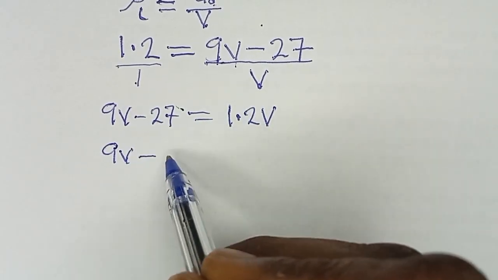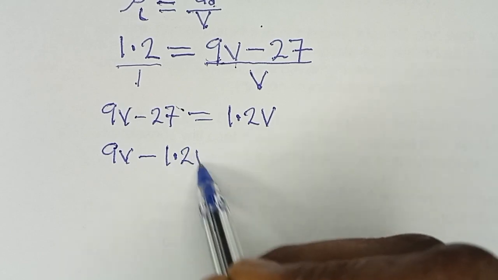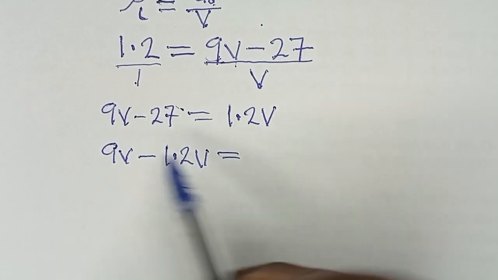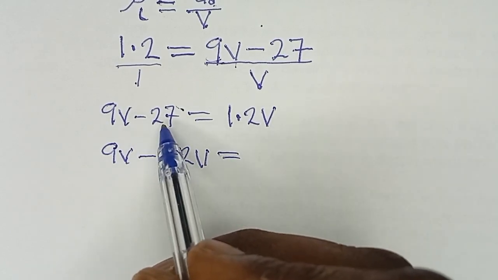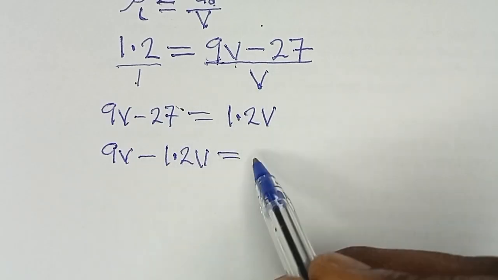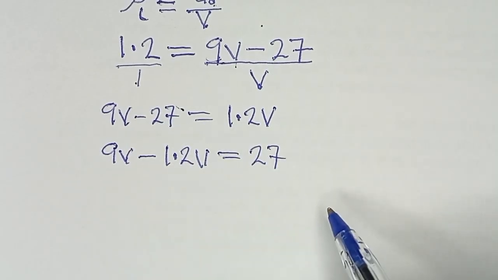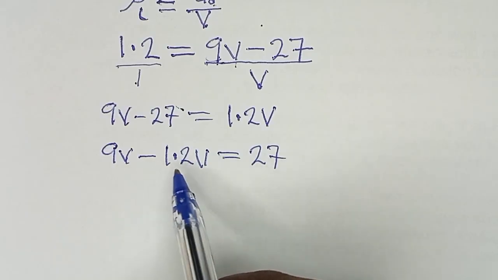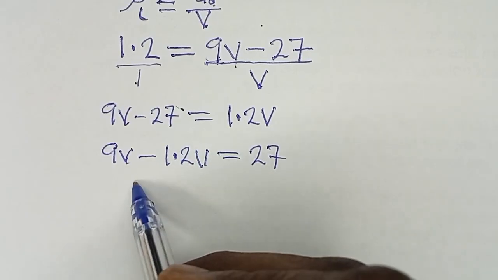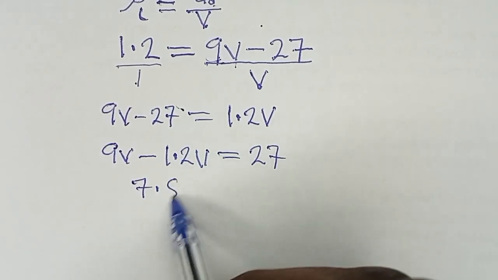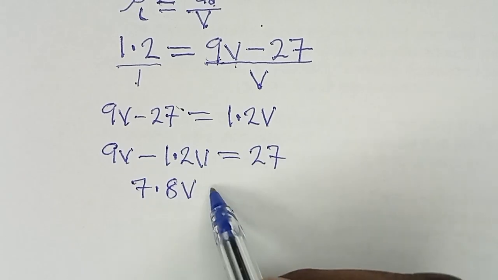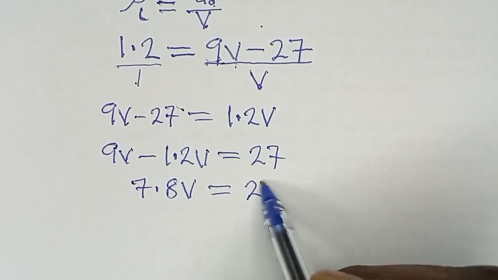It becomes minus 1.2V. Minus 27, when it comes to the right hand side, becomes positive 27. So 9V minus 1.2V gives 7.8V, and that will be equal to 27.